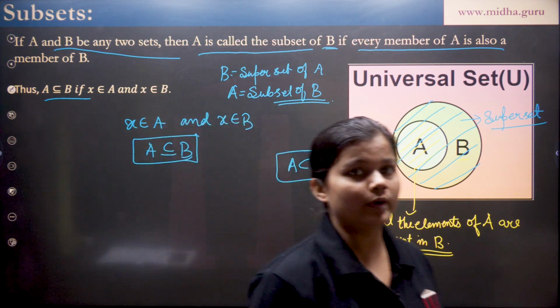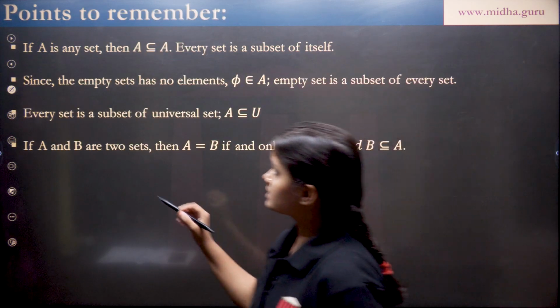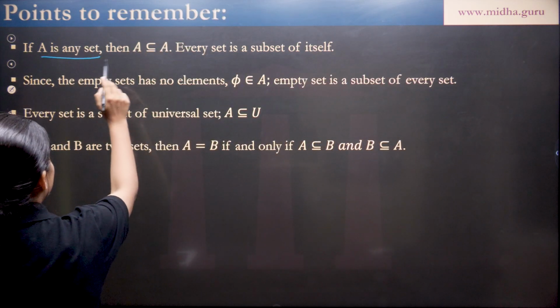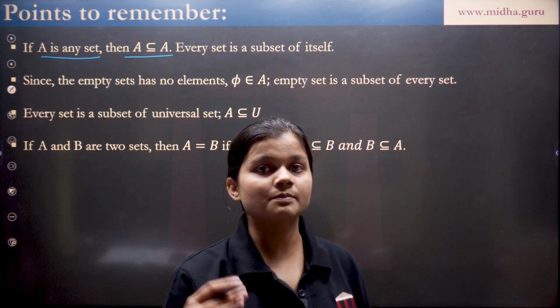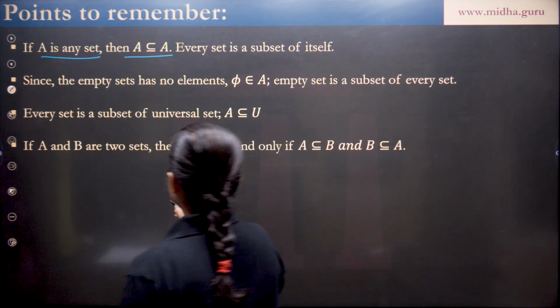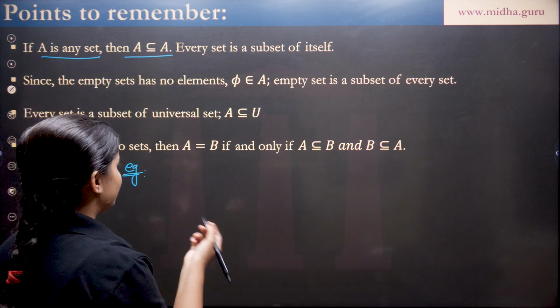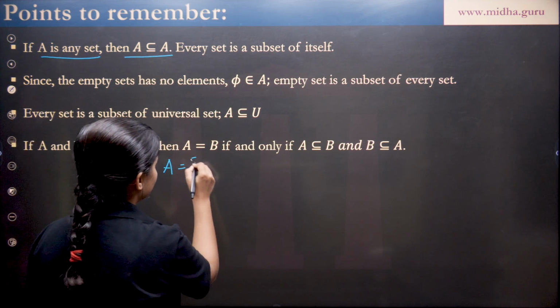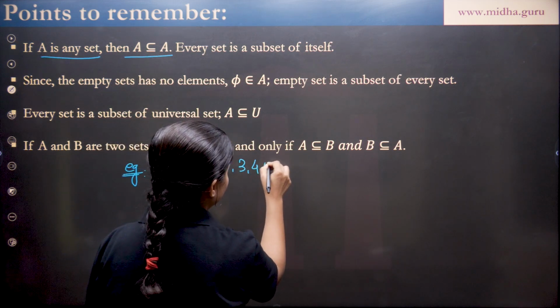Now there are some points that we have to remember regarding this subset. First is, if A is any set, then A is a subset of A, which means every set is subset of itself. Let us understand this with the help of an example. For example, A is set 1, 2, 3, 4 and 5.